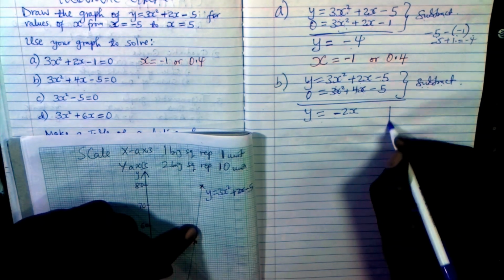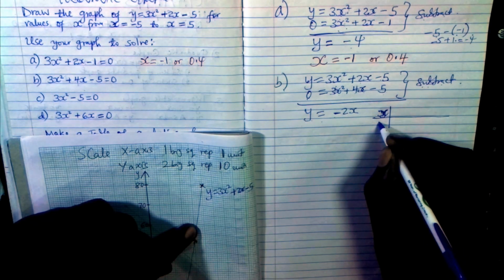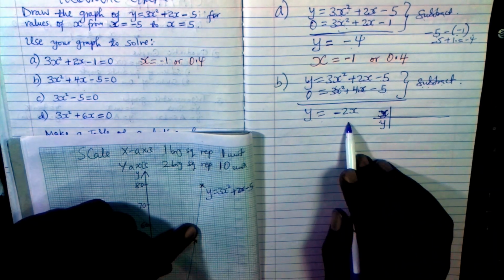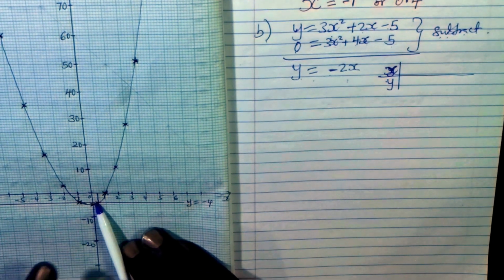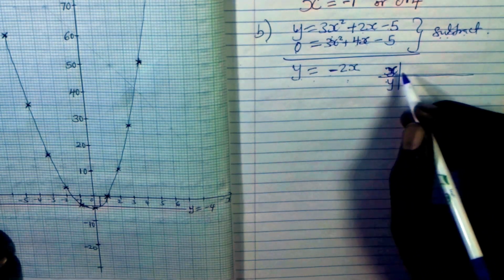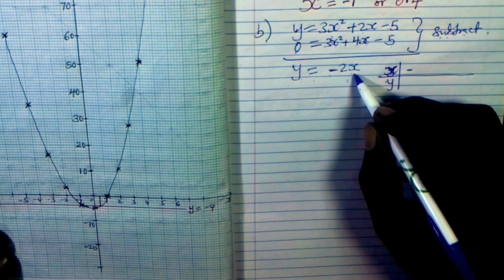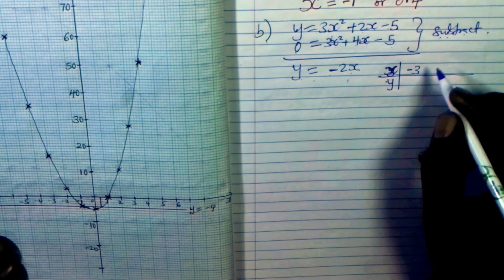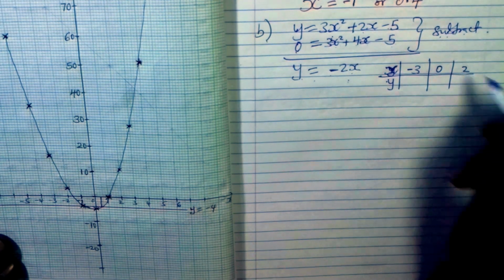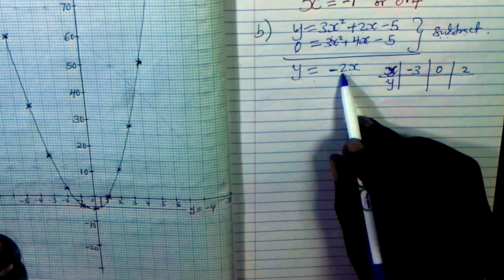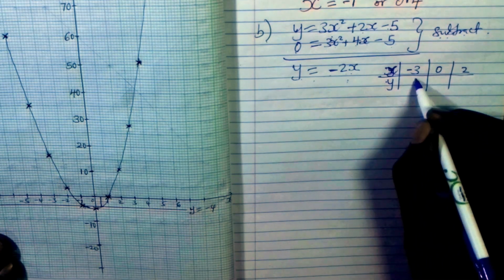So I just need to make a small table for the corresponding values of x and y. I need at least 3 points near the origin, so I can choose minus 3, I can take 0, and I can take 2. So when x is minus 3, y will be minus 2 times minus 3, that is 6.